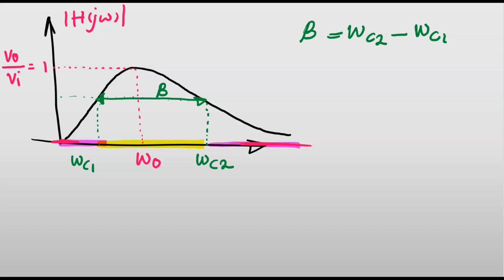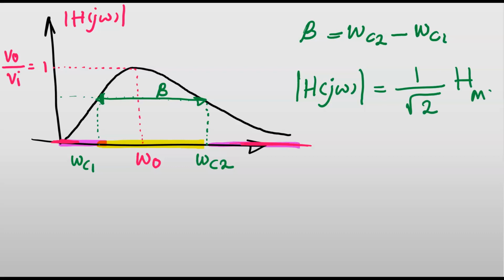The characteristic of the cutoff frequency is that the magnitude of H at j omega should be at least 1 over radical 2 of your maximum magnitude. Here the maximum magnitude is 1, so the cutoff frequency happens where H of j omega has a magnitude equal to 1 over radical 2. In order to calculate my cutoff frequency, I need the transfer function, which I'm going to show you for the bandpass filter in the next slide.